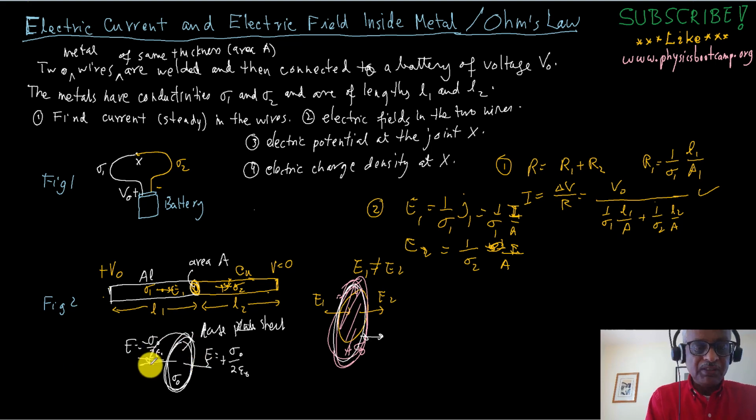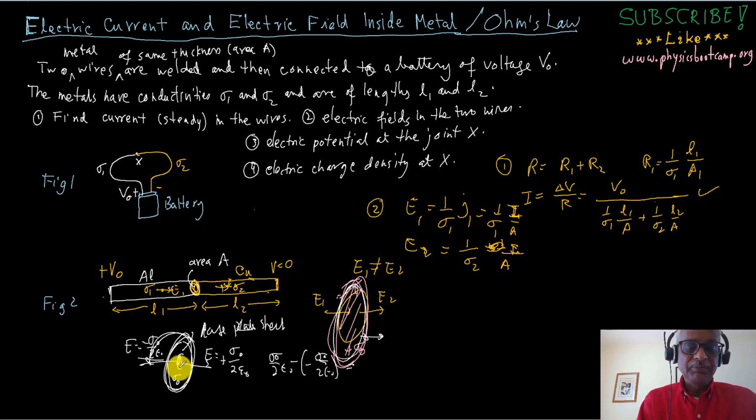The difference between them gives you the charge density: sigma 0 over 2 epsilon naught minus minus sigma 0 over 2 epsilon naught gives sigma 0 over epsilon naught. This is the difference in the electric field on the two sides, so sigma 0 is epsilon naught times the difference in electric field on the two sides.